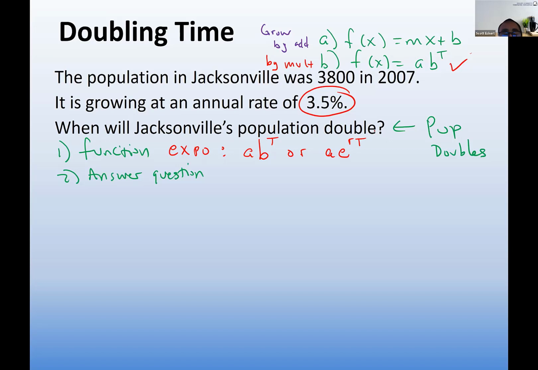So how do we choose which one? Second one. What is your thinking on why to choose the second one? It has a rate. The first one doesn't have a rate.